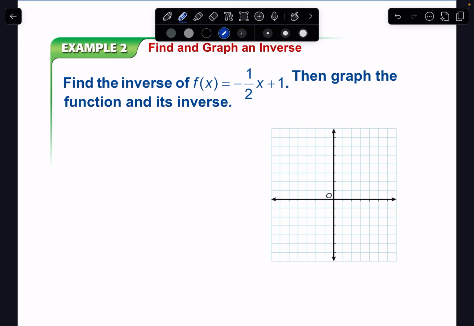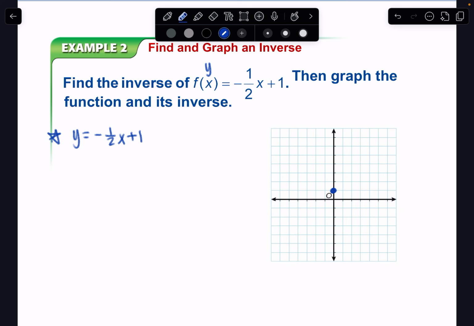So the first thing that I would do in this question, f of x is really your y value. So the first thing that I'm going to do is to graph my original function, just my normal function that I'm given. It's in slope-intercept form, so it's relatively simple to graph. Remember, when you're graphing slope-intercept form, the first thing that you graph is your y-intercept, which is 1.